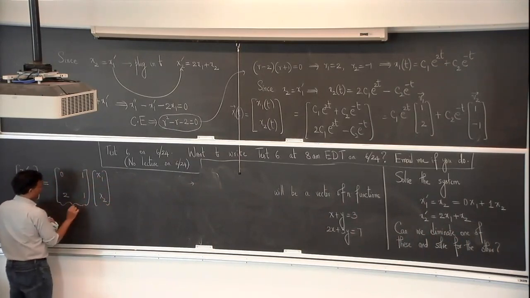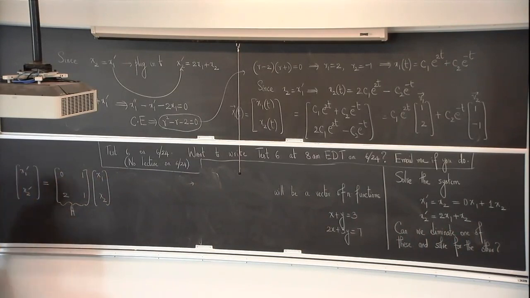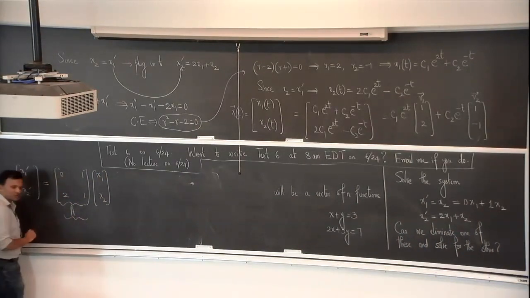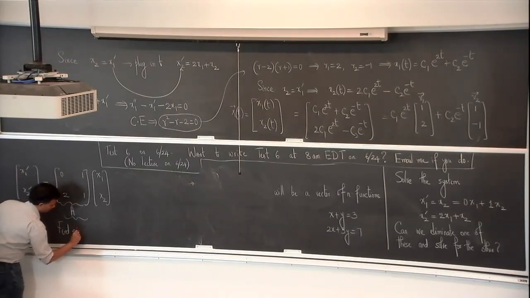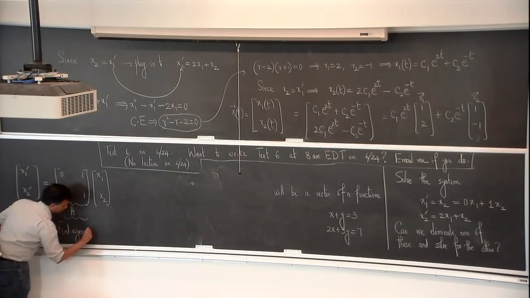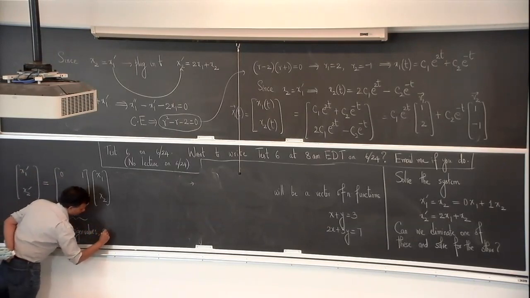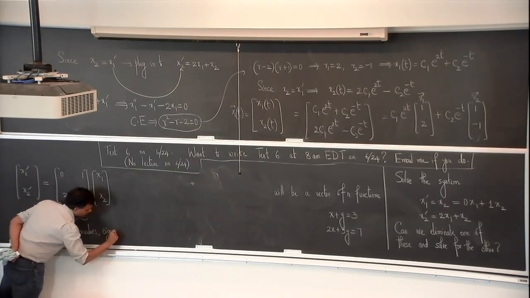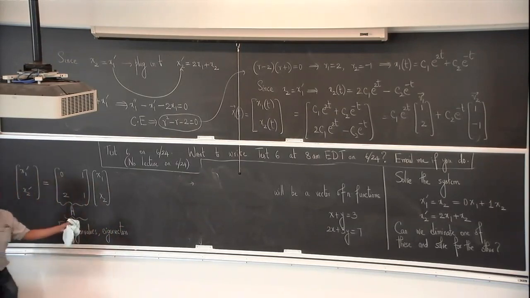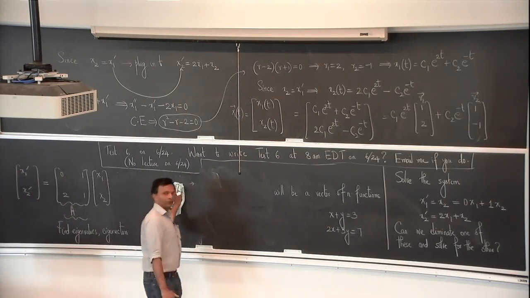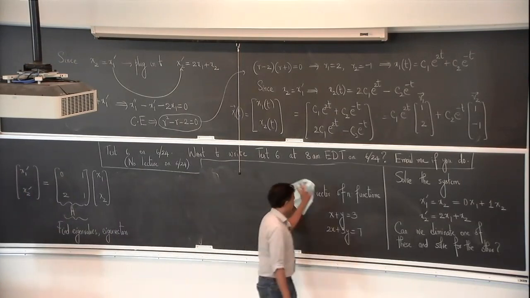So this is your coefficient matrix A. My exercise for you, which you can do pretty quickly, is to find the eigenvalues and eigenvectors of this matrix A. It's a completely different problem now.